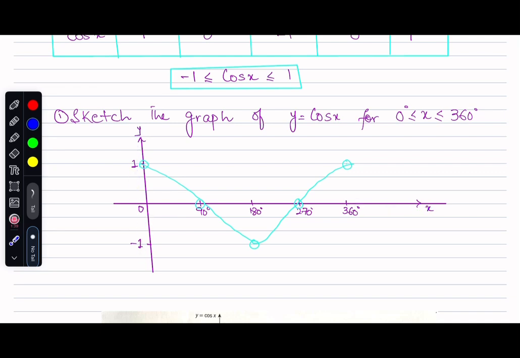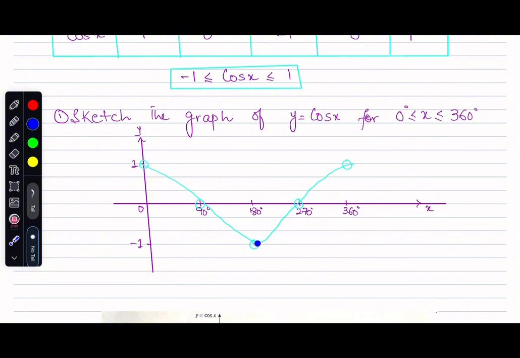So I'm just going to locate the y values for all the coordinate axes. Cos of 0 is 1, so this is the point located for cos of 0. Cos of 90 is 0, so this is the point located for cos of 90. Cos of 180 is minus 1. Cos of 270 is 0, and then cos of 360 degrees is equal to 1.